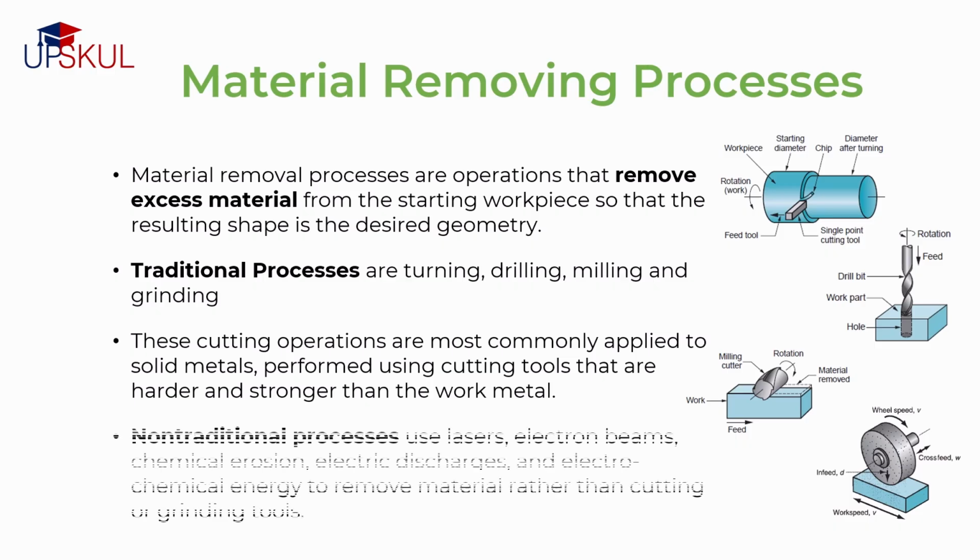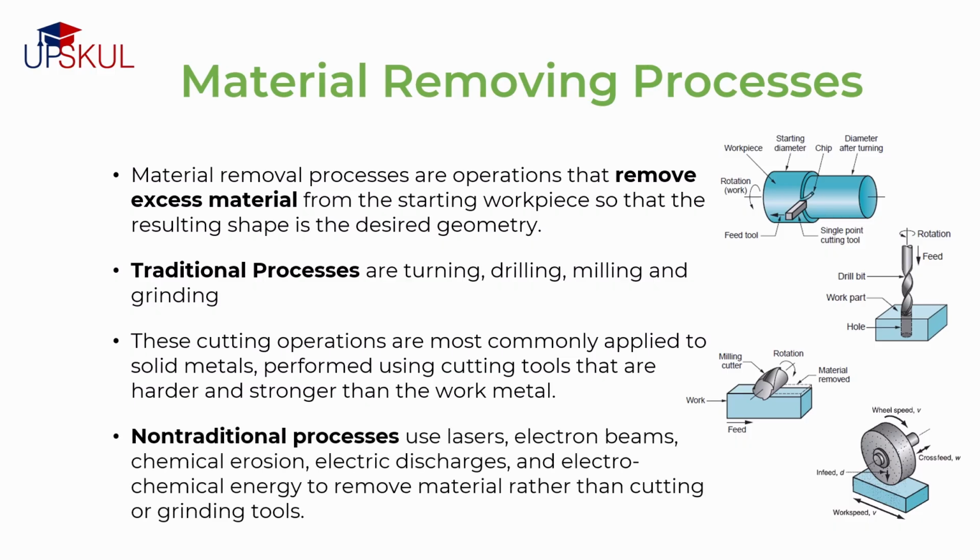Grinding is another common process in this category. Other material removal processes are also known as non-traditional processes because they use lasers, electron beams, chemical erosion, electric discharges, and electrochemical energy to remove material rather than cutting or grinding.